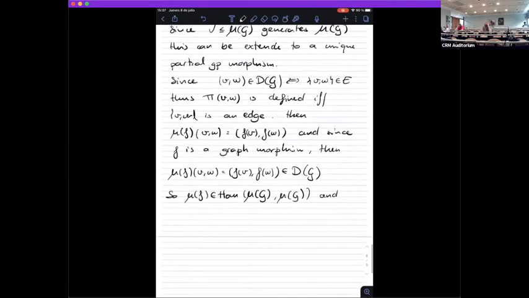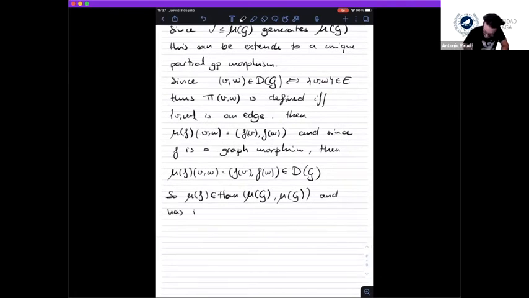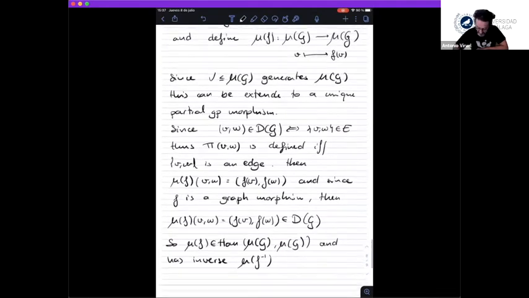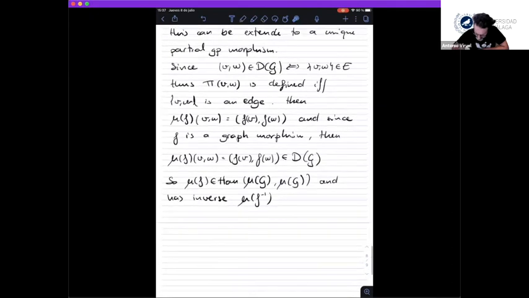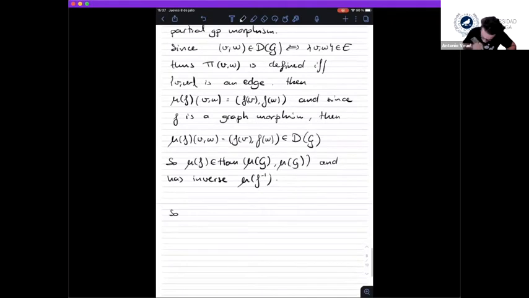and has inverse M_{f^{-1}}. Recall that f was an automorphism, right? So that gives me a map from Aut(Γ) to Aut(M(Γ)), and it can be seen that it's a monomorphism, right?